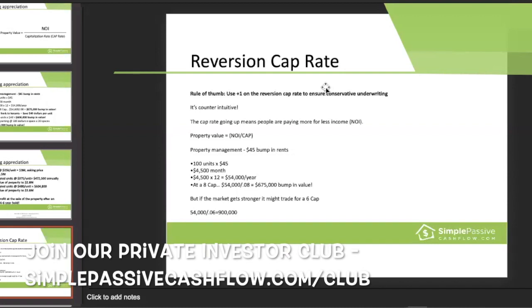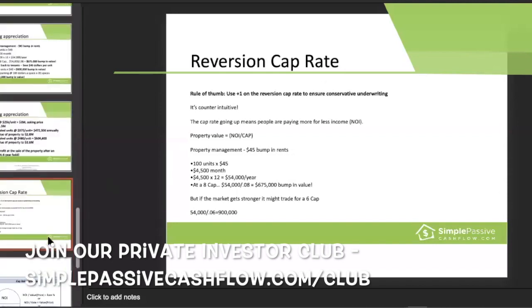One of the biggest inputs is the reversion cap rate, and you input that in, and it's going to spit out a number on what this thing is going to sell for in the future. So you might buy a property for 10 million, and when you put it into underwriting, it might come out as 12. And from that $12 million, that's how you're creating all the value for investors. At that point, it's just splitting up those returns over the years. So from a high level, that's how it works.